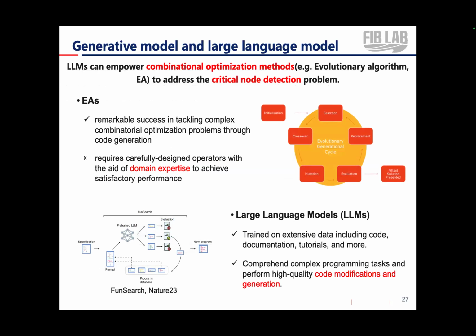And for the LLM, it can empower combinatorial optimization methods, such as the evolutionary algorithm, to address very hard problems in network science. There is a very famous work last year called FunSearch.